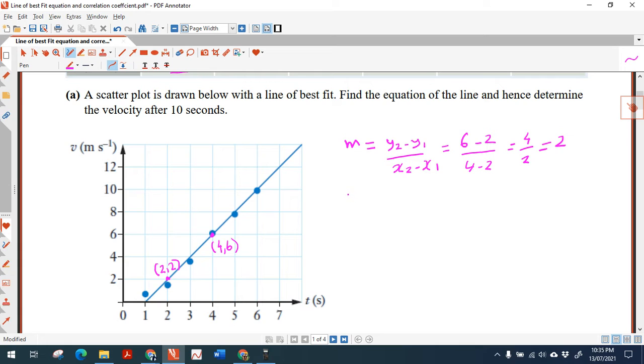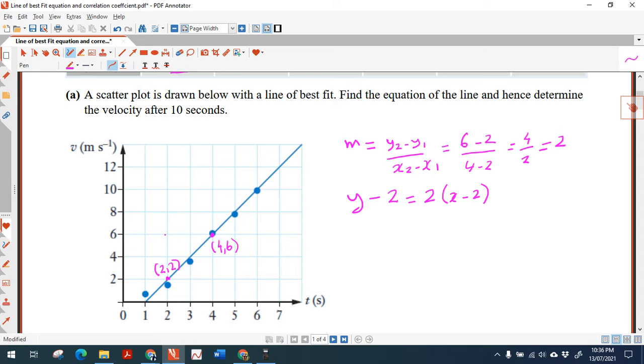And the next step is to use the point gradient formula. So we're going to go y minus y1. So let's just choose 2, 2 as our point. So y minus 2 is equal to, our slope is 2, x minus x1, x1 in this case is 2.